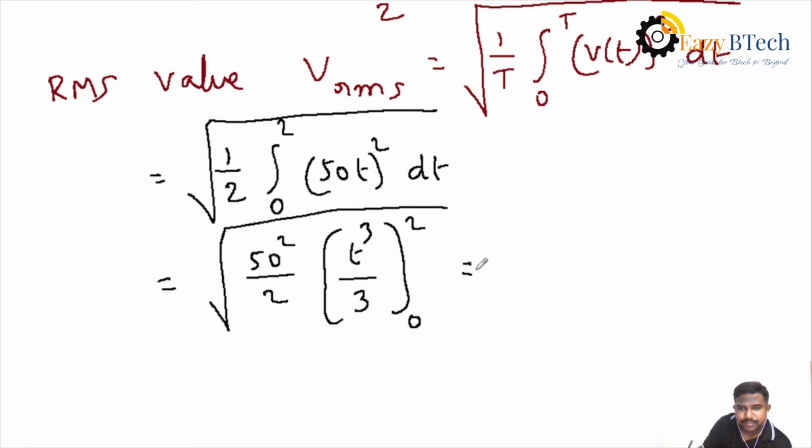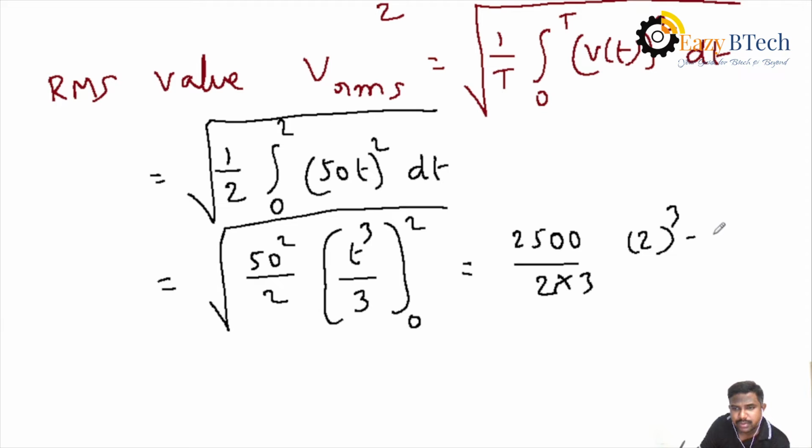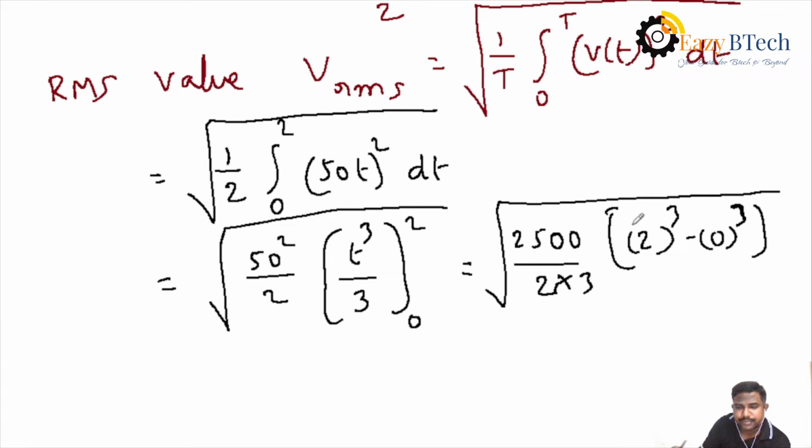Then 50 square is 2500 by 2, and 3 is a constant taken outside, so 2 into 3. Then apply the limits here: 2 cube minus 0 cube, then the whole square root.